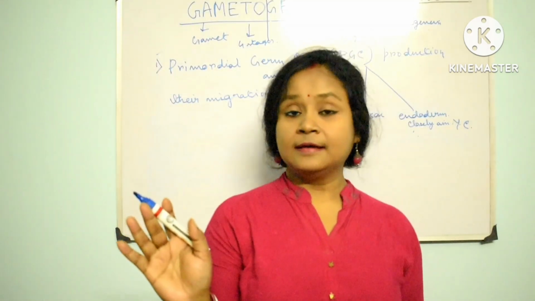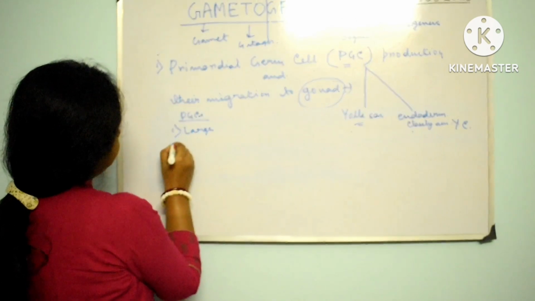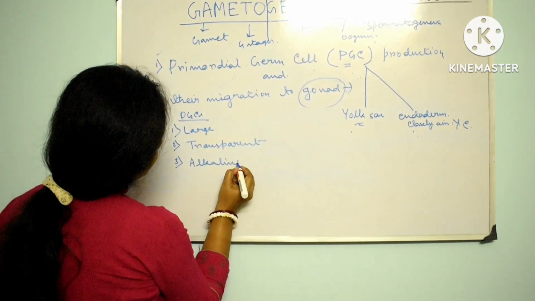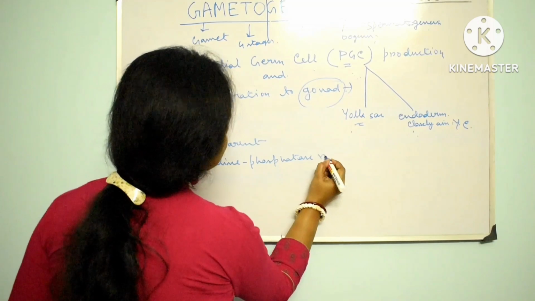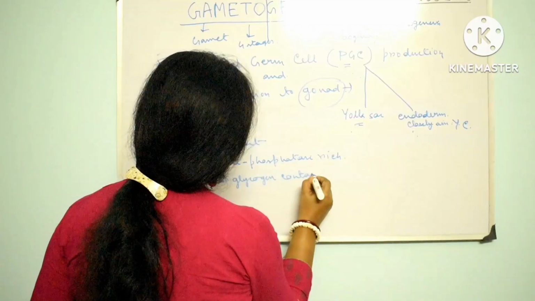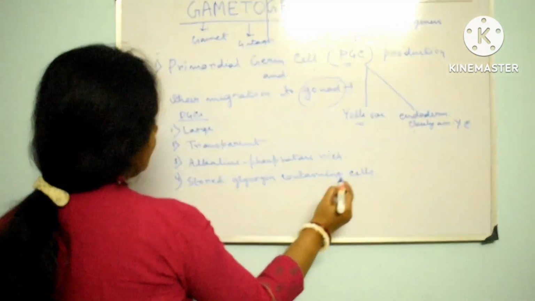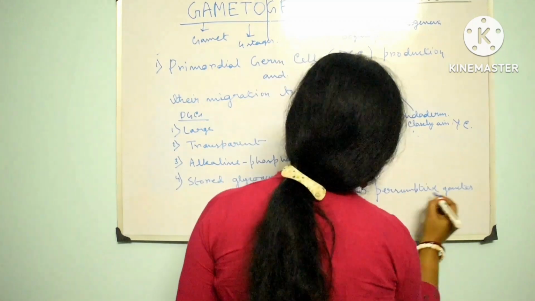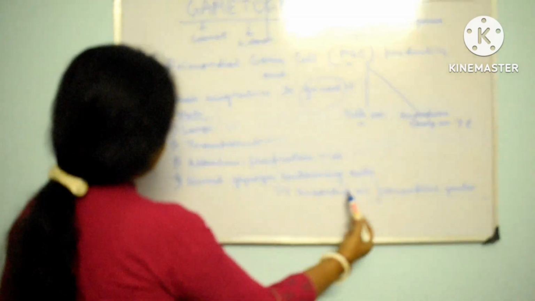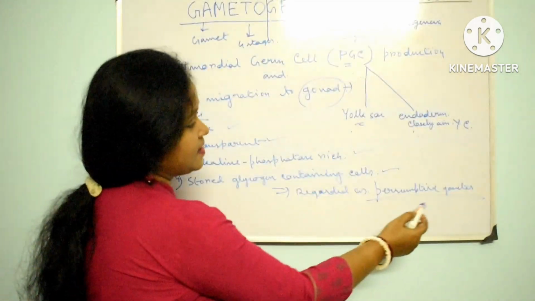PGCs are large, transparent, alkaline phosphatase rich and rich in stored glycogen containing cells, and they are regarded as presumptive gametes.